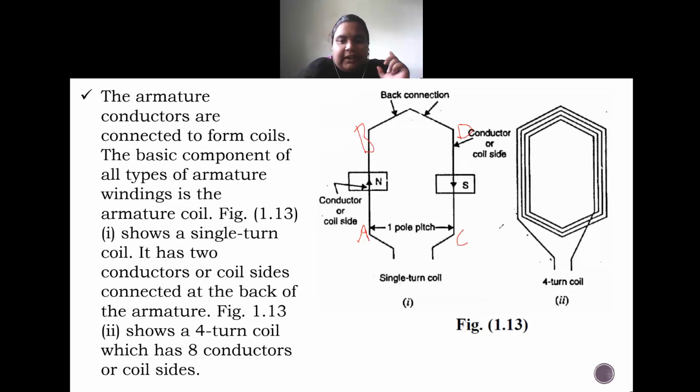These two will be connected to the commutator.